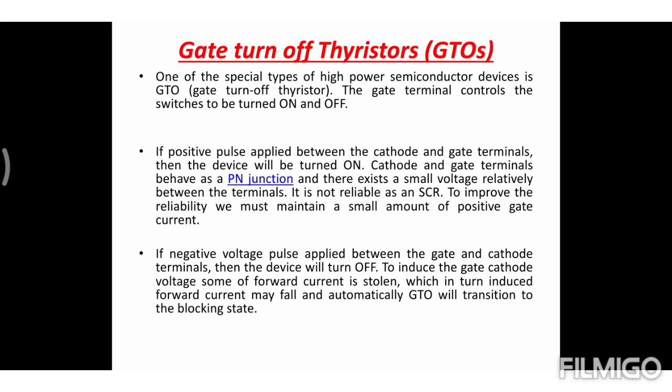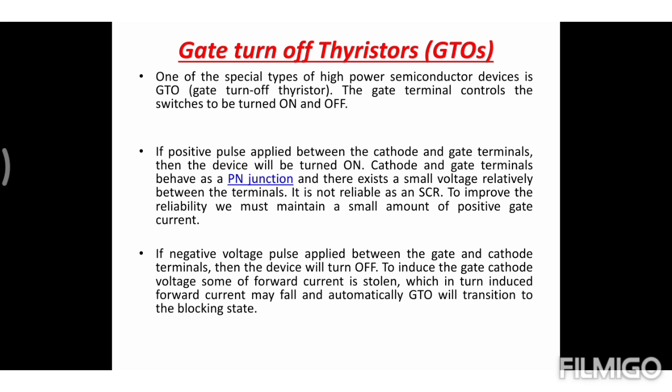Let us see the gate turn off thyristor. So what is the gate turn off thyristor? The gate turn off thyristor is a type of high power semiconductor device. The gate terminal controls the switch to be turned on and off. It is a special type of high power semiconductor device. Here the gate pulse is used for turn on and turn off of the SCR.